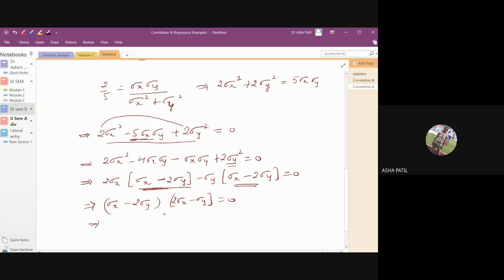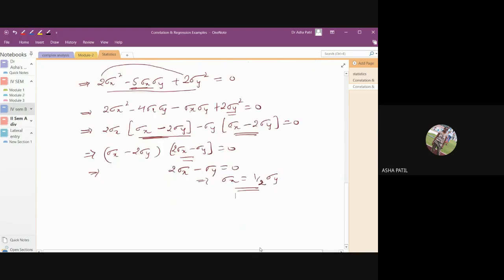You can be asked any of those, so see which is asked. Sigma x is 1 by 2 sigma y is what we want, so we'll go for that. 2 sigma x minus sigma y equal to 0 implies sigma x is 1 by 2 sigma y. So this is what we need to prove.